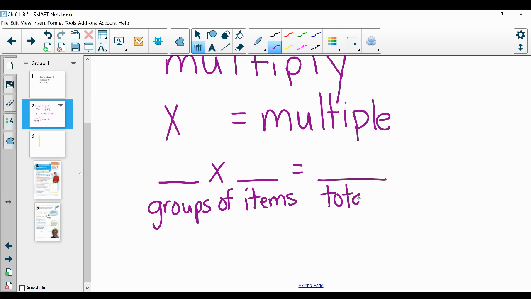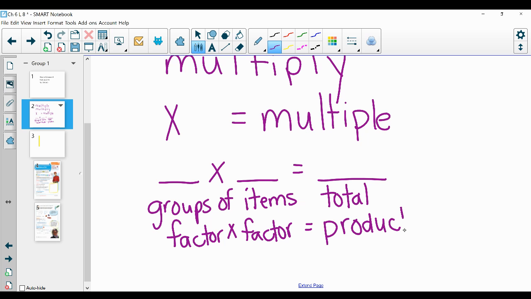We have also learned that these first two numbers are called factors. So you multiply two factors and it equals the product, and you can also call that a multiple.